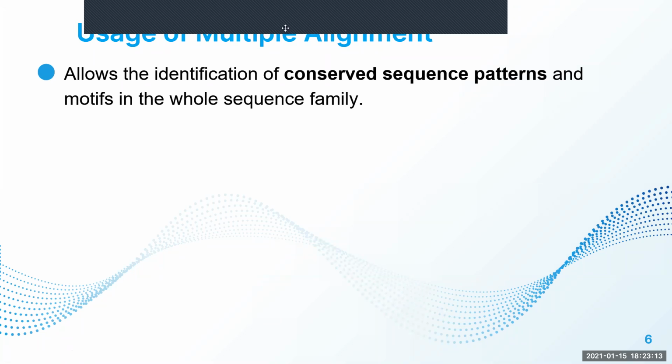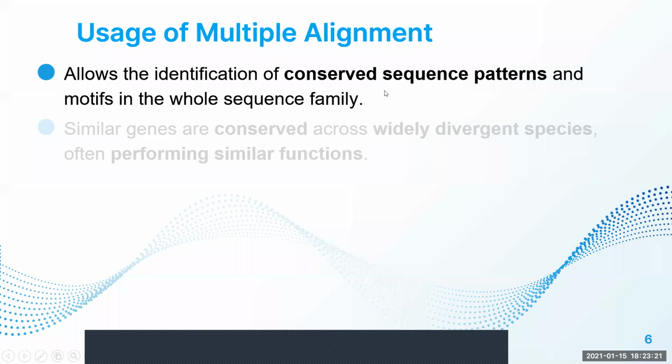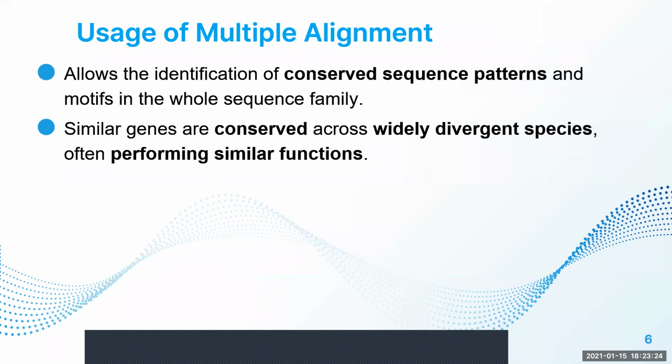Basically, as usages, we can identify the conserved sequence patterns in a set of a sequence family, as I said before. These conserved regions are telling us that these things perform similar functions, similar functionalities, even in divergent species. That's the point we want to discuss. Even in the previous pictures, in different divergent species, there are some conserved areas.